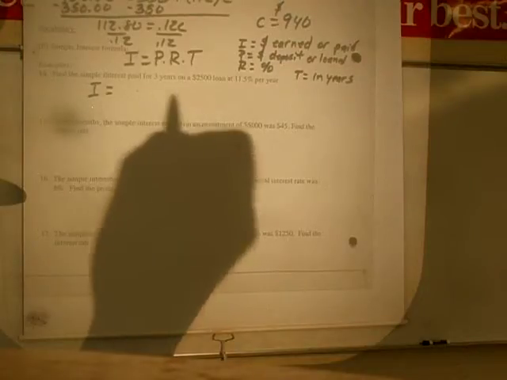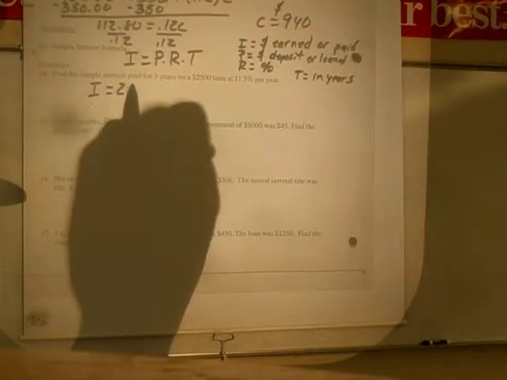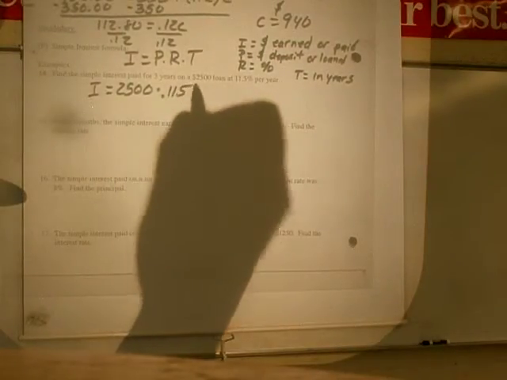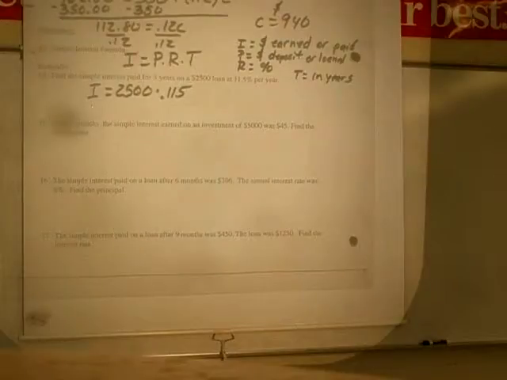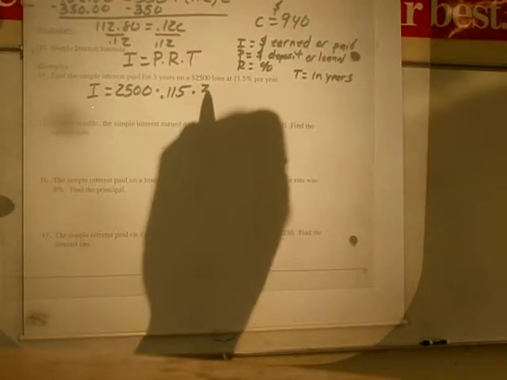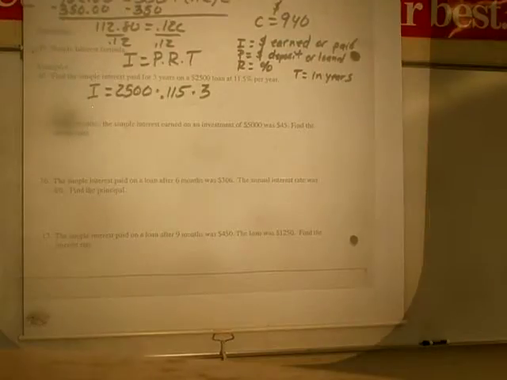So our first example says find the simple interest paid: 3 years, $2,500 loan, 11.5% per year. Interest equals the $2,500, which is our principal, the 11.5 is our rate, and I'm going to change that to 0.115, and we're going to put this money in the bank for 3 years.